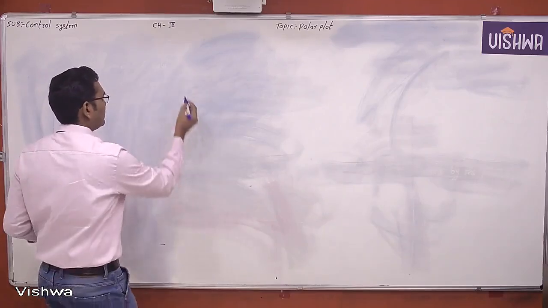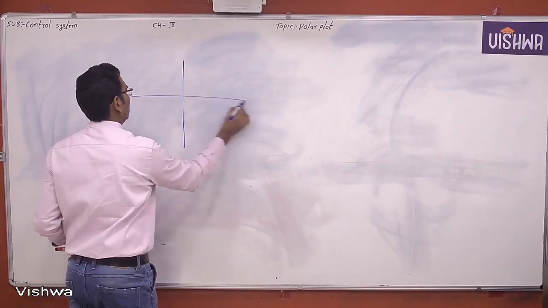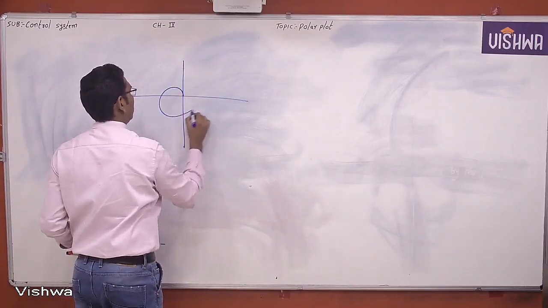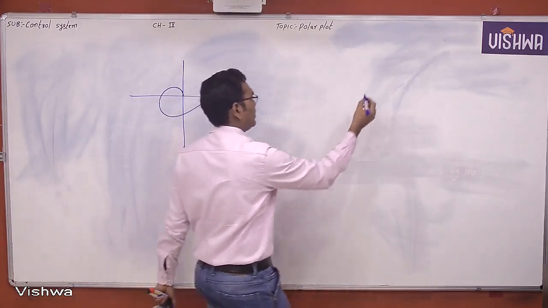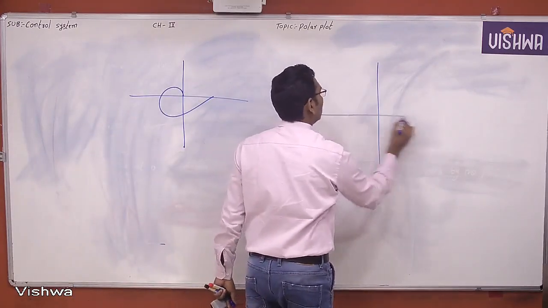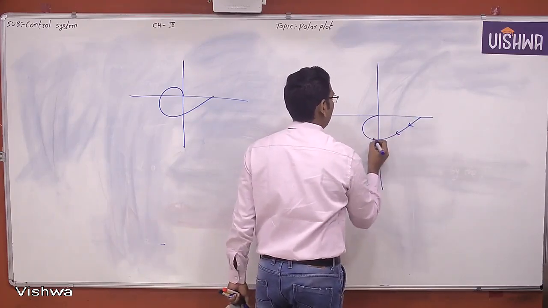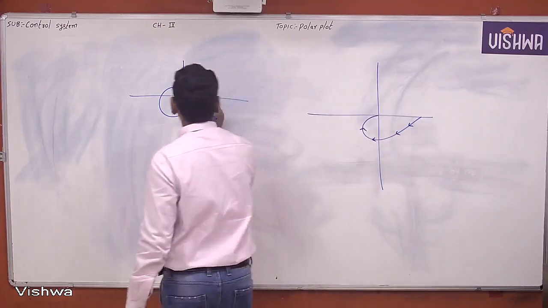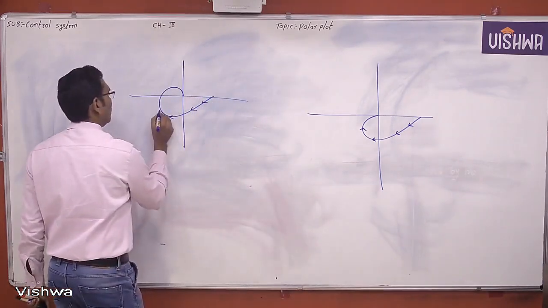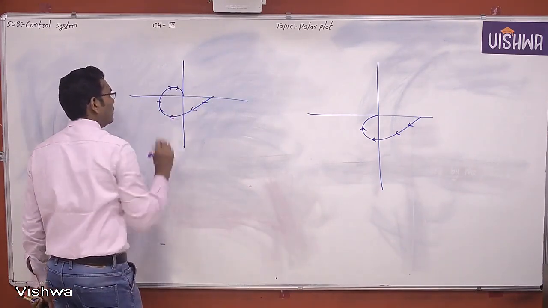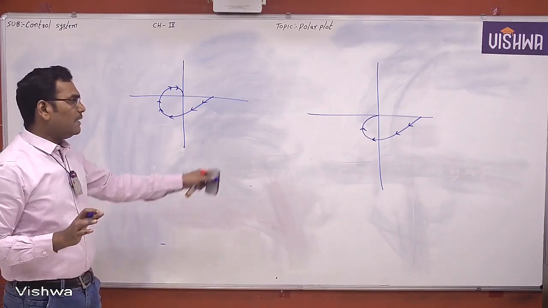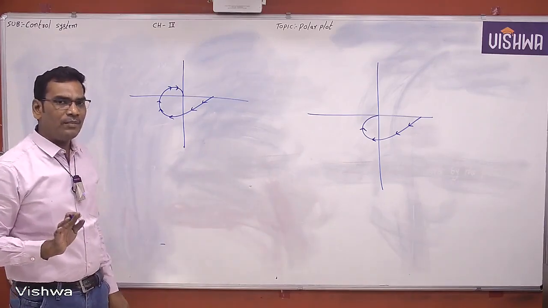Now let us take for example, this is the polar plot. Let us take this direction as omega changing from 0 to infinity, for example. Now see here, the plot is crossing the negative imaginary axis.